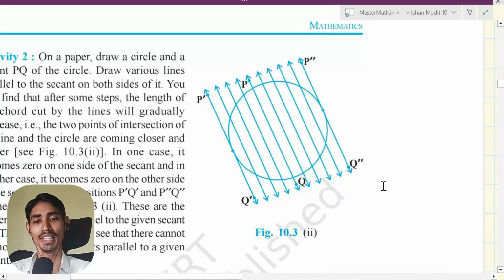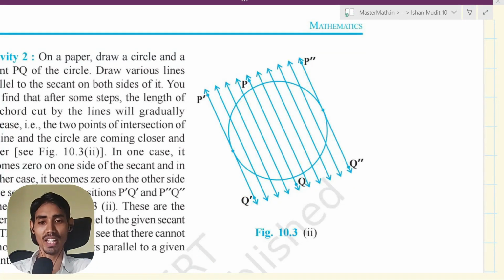Some more fancy things. How many parallel tangents can we have for a circle? Two? Right and wrong. The answer is infinite.